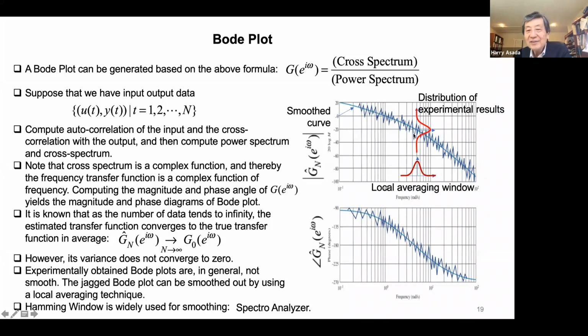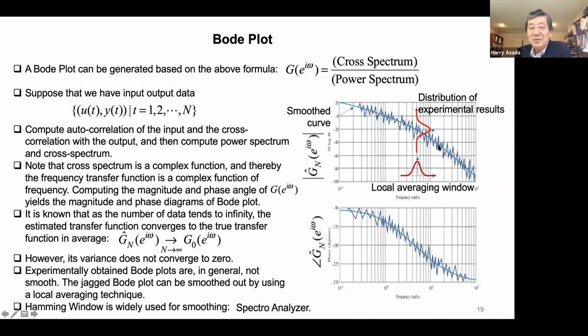So what you get, if you just run this procedure, is a very zigzag and noisy Bode plot. And you scratch your head, what is this? What the hell? Professor Asada said this is a great method, but I end up with very zigzag stuff.